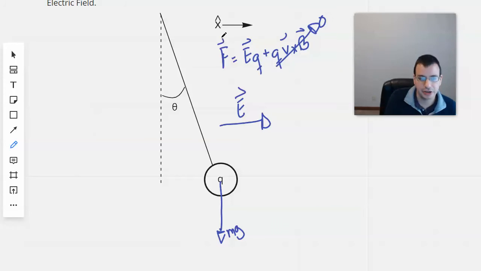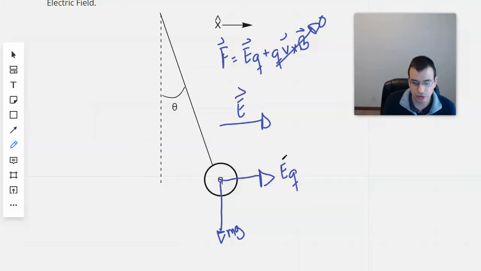This is supposed to be a vector, and for a positive charge, because positive's positive, it's going to be in the same direction as the electric field. So the force, which will be E times Q, is in this direction. Maybe make a little vector on gravity there too. All right, and it makes sense since it's being pulled this direction.